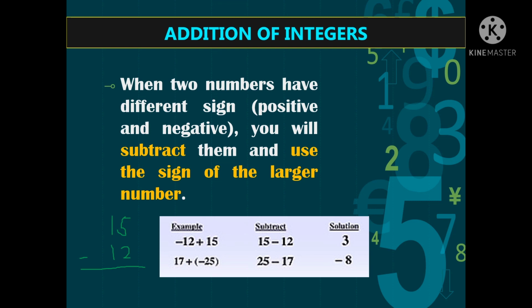So 5 minus 2 is 3. And then we will use the sign of the larger number. So the larger number here is 15. Its sign is positive. So that's why we come up with an answer of positive 3. So let me erase this for you.